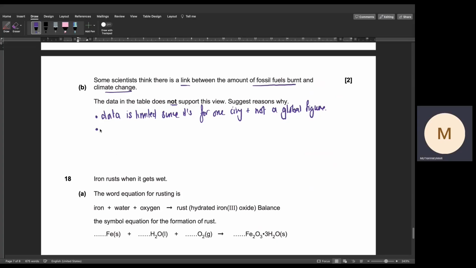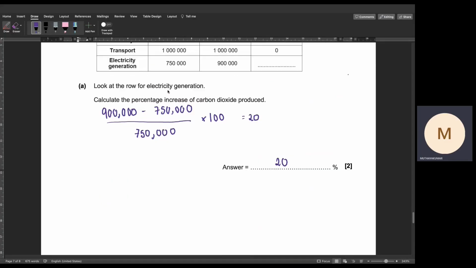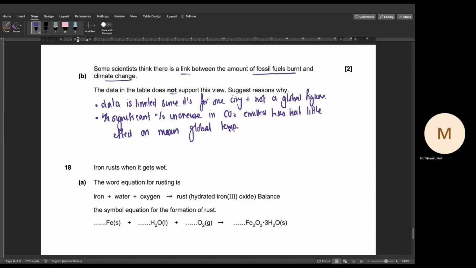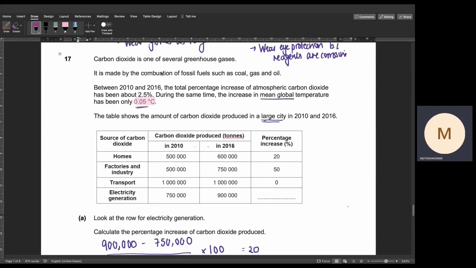Secondly, we can say that there was a significant increase in carbon dioxide. However, the effect on mean global temperature was quite minimal. So that's one way you can argue that the data does not support this view. Point mentioned in the text.